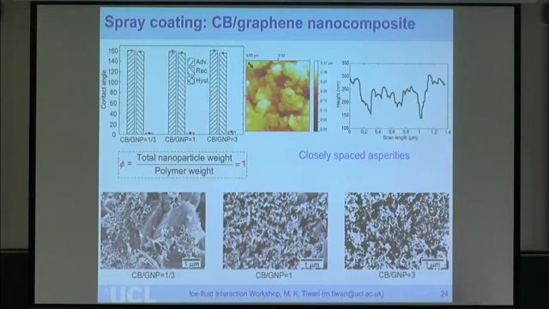And the beauty there is we have a paint suspension that can be spray coated on large areas. So these are some morphology diagrams. This one here is in particular useful, I believe. This is an atomic force microscope image, and this is a profile, and as you can see, these gaps are quite narrow, decidedly designed to be that way, and this has benefit.